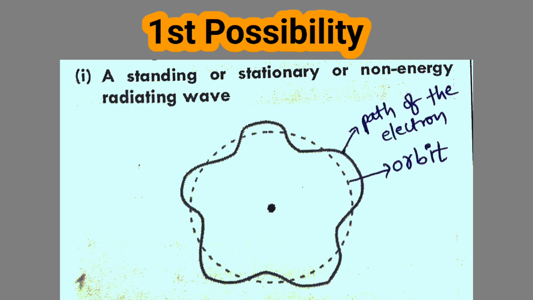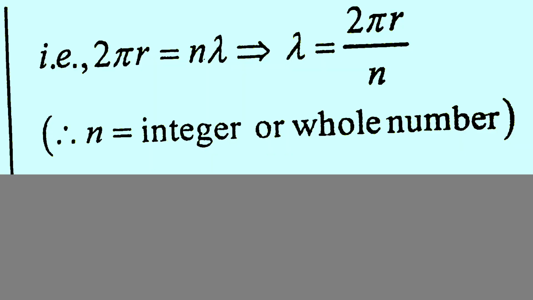The initial point and final point both are meeting. For this possibility, the circumference of the circle, that is 2 pi r, must be equal to the integral multiple of wavelengths. It means n lambda, that is 2 pi r is equal to n lambda.